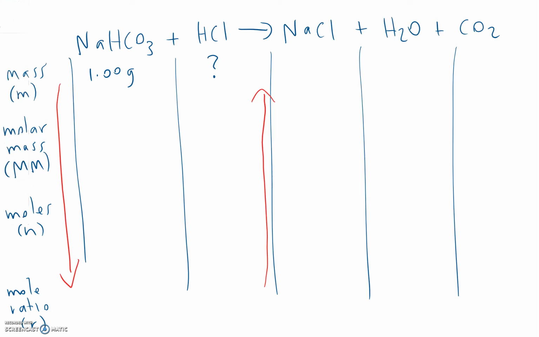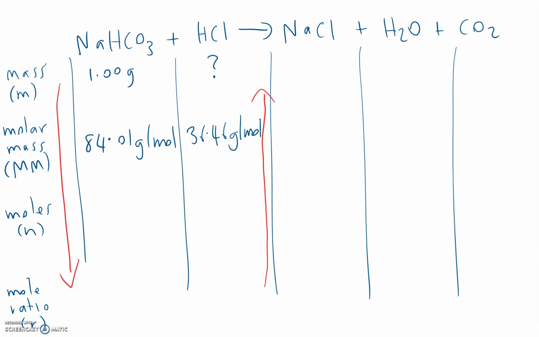The molar mass, you can work that out from the periodic table if it's not given to you in the question. The molar mass of sodium bicarbonate is 84.01 grams per mole. For HCl, the molar mass is 36.46 grams per mole.